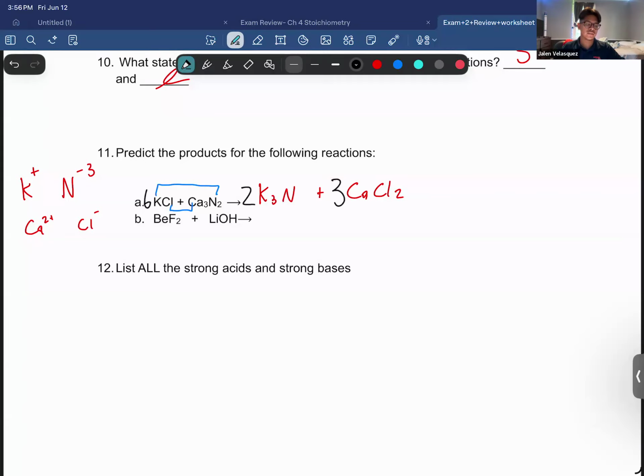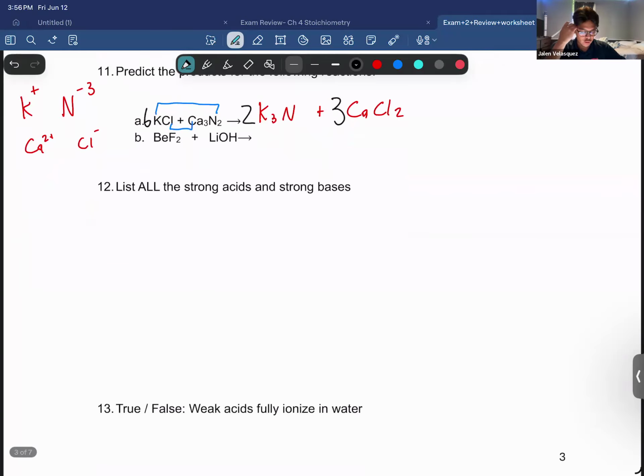So now let's get into talking about acids and bases. Number 12, I ask you to list all the strong acids and strong bases. So there are 7 strong acids, there are 5 strong bases, and you are responsible for memorizing all of the strong acids and strong bases as well as knowing their chemical formulas. Okay, so for the strong acids, I'll write them out first and then we'll talk about them.